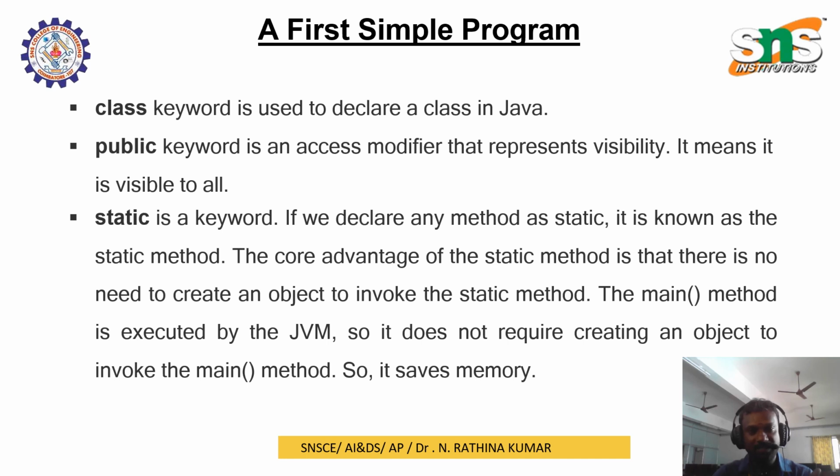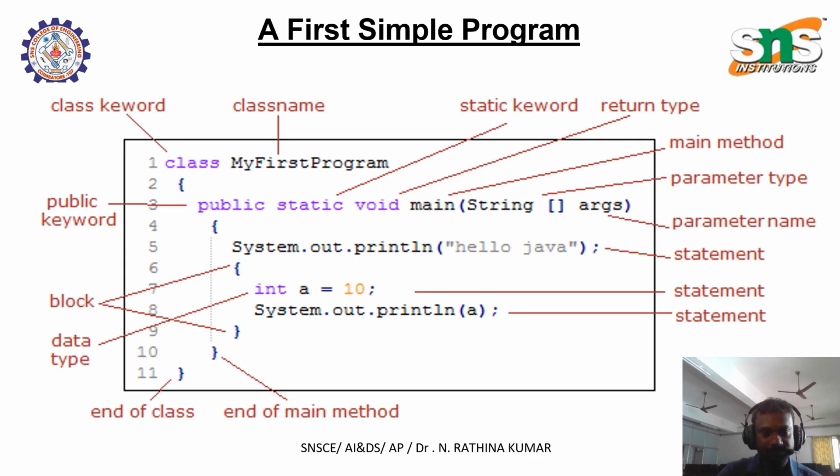These are all the keywords that we have discussed earlier. I already explained the use of all these things. Class is a keyword, and the class name in this program is MyFirstProgram. Public is a keyword. If we want to access this particular main function outside the class, we must declare it as public. Static is a keyword. If we don't want to use an object, we must declare it static.